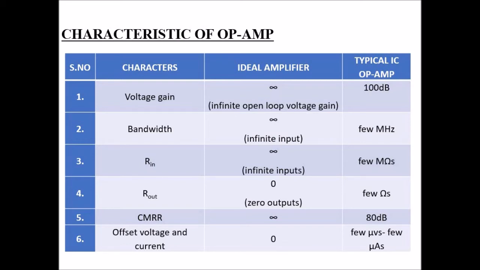Why should it be 0 ohms? Suppose our output resistance is high, then the biosignal which we obtained from our body has to travel, and it must be noted that the characteristic of current is to take the low resistance path.